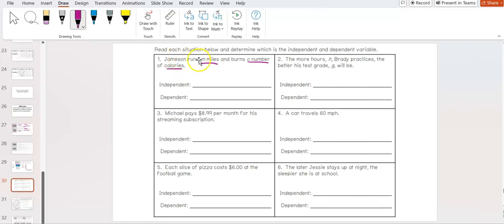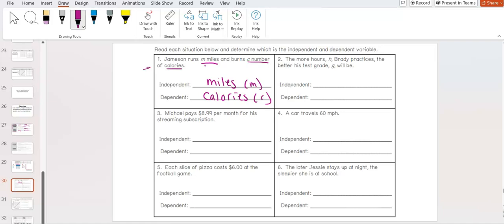Is Jameson running a certain amount of miles depending on how many calories he wants to burn? Or is he burning a certain amount of calories based on how many miles he's running? And hopefully you say that our calories depend on how many miles we run.